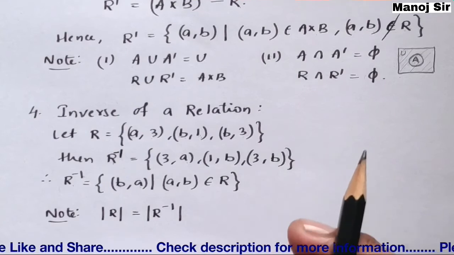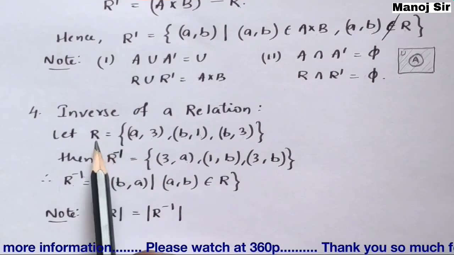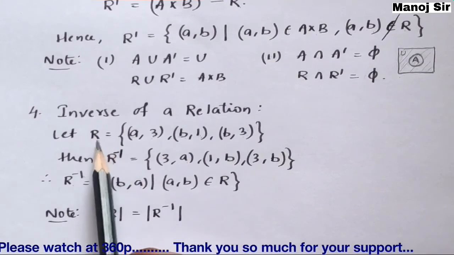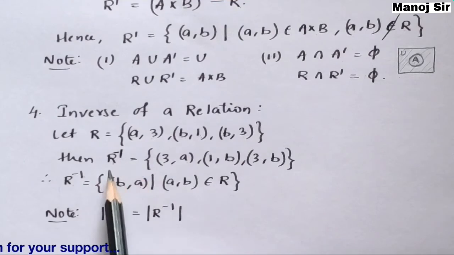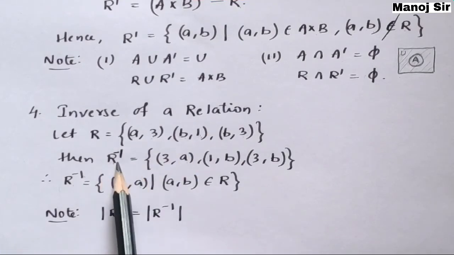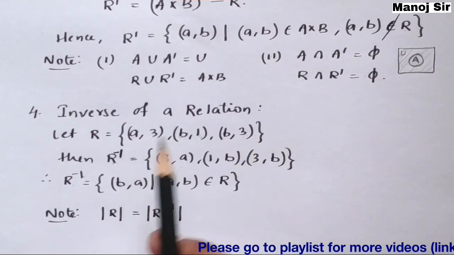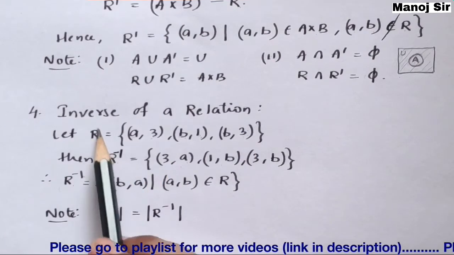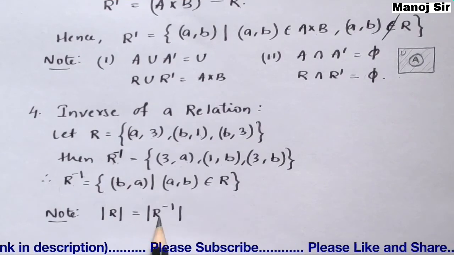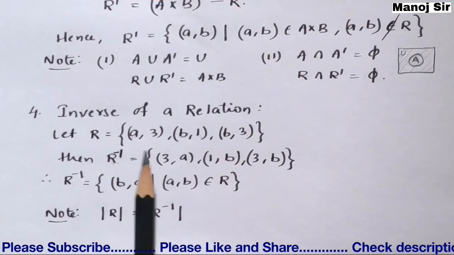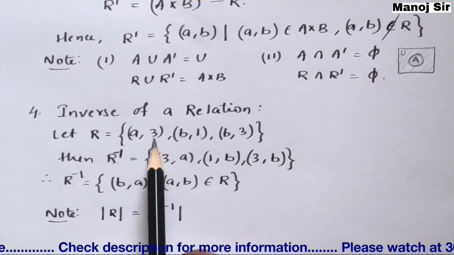There is another key point. The cardinal number of R is 1, 2, 3. Again, the cardinal number of R inverse is 1, 2, 3.